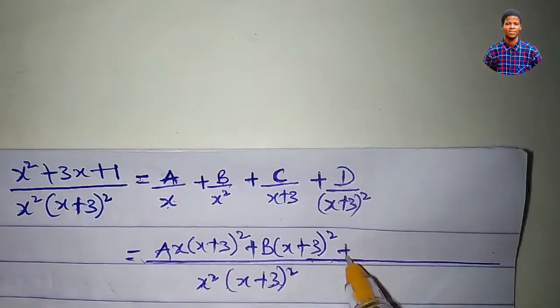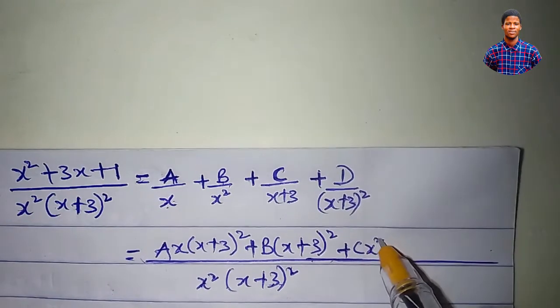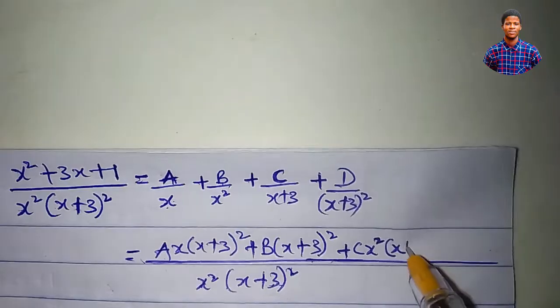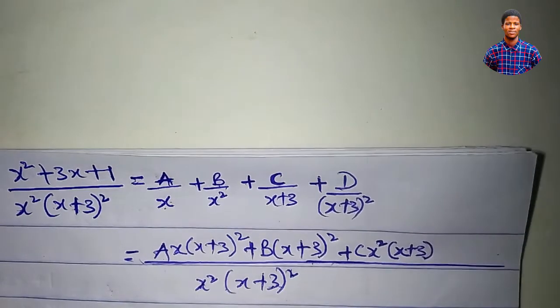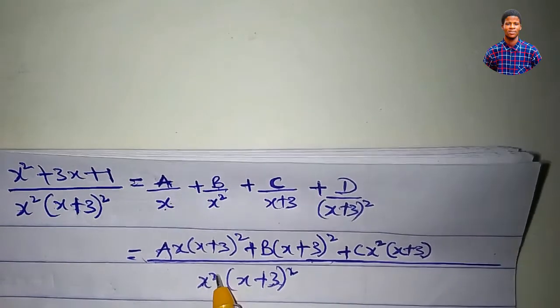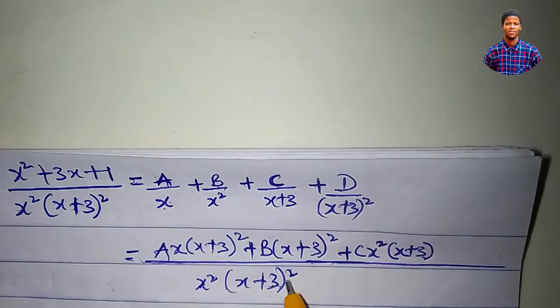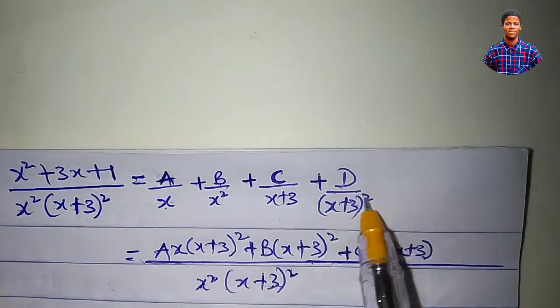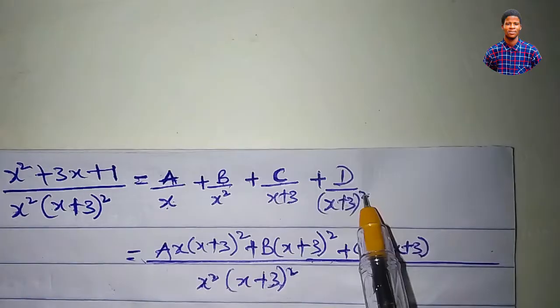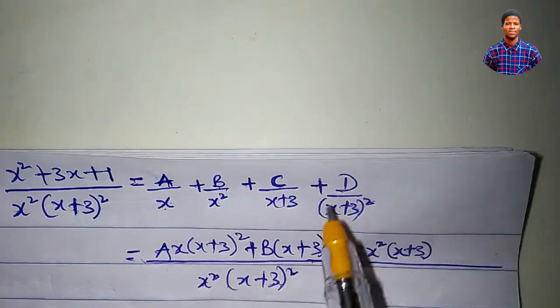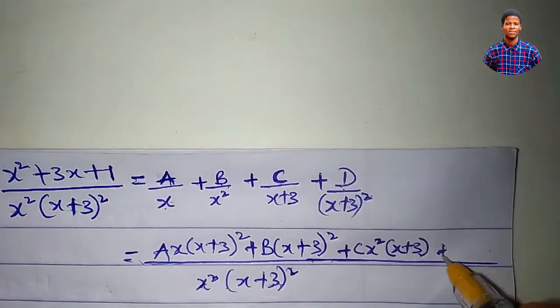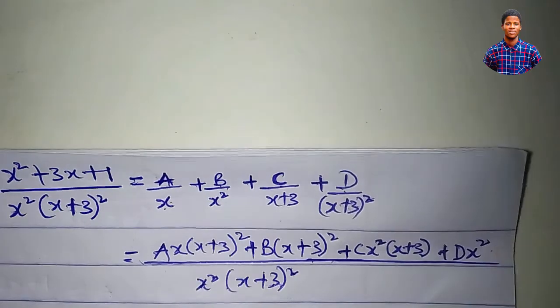That will be cx squared(x plus 3). And then x squared times (x plus 3) squared divided by this (x plus 3) squared, we'll be having just x squared left times d. That will be dx squared.